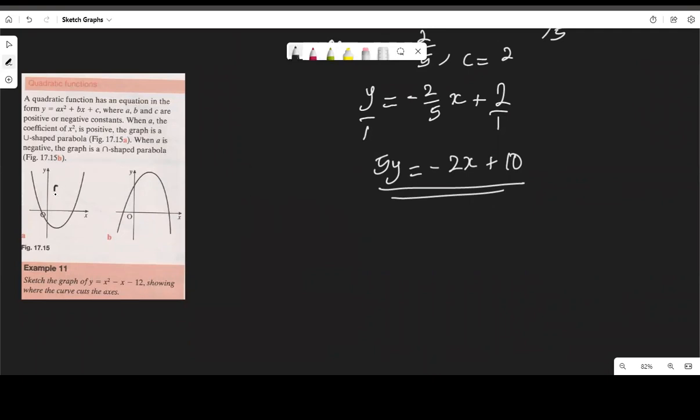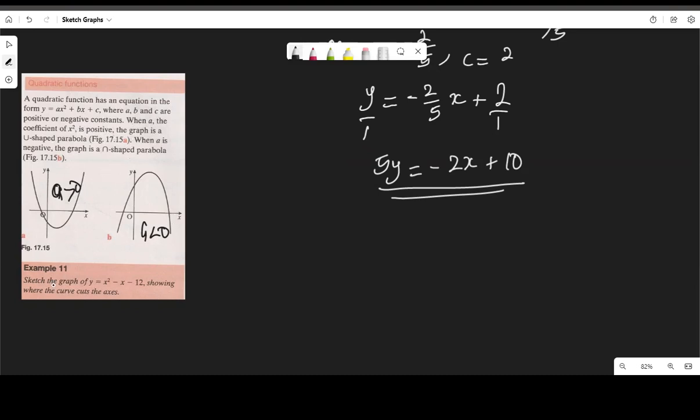This is for a greater than 0, and this is for a less than 0. So that's what they are saying here. Where a, b, c are positive or negative constants, when a, the coefficient of x squared, is positive, the graph is a U-shaped parabola. When a is negative, that is a less than 0, the graph is an M-shaped parabola. So it goes like that.